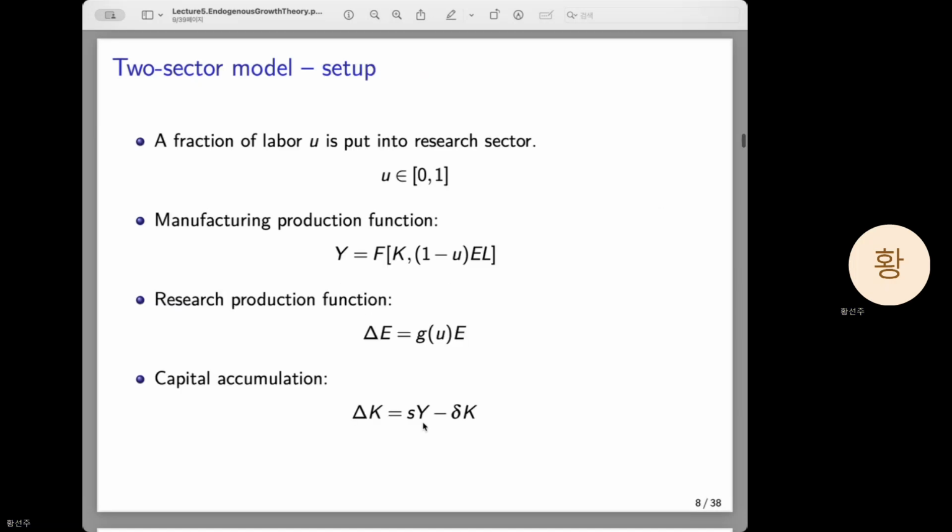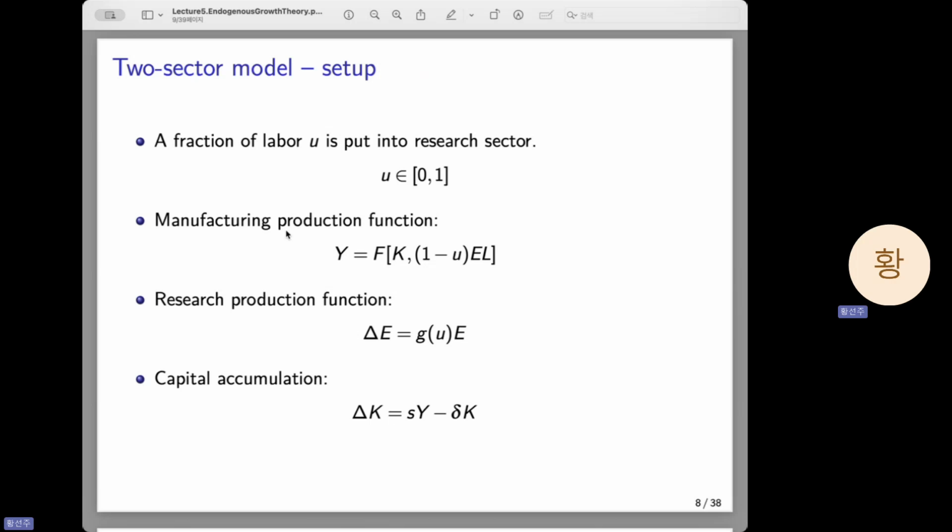Okay. Here, the fraction of labor U indicates the share of labor in the research sector. And the remaining 1 minus U works in the production sector.